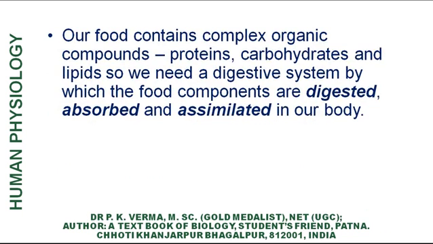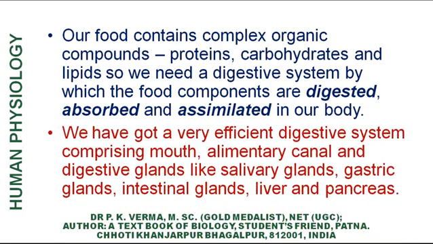Because the proteins, carbohydrates, and lipids are larger molecules, we need a digestive system by which the food components are digested into simple and soluble substances, absorbed and assimilated in our body. We have a very efficient digestive system comprising the mouth, alimentary canal, and digestive glands like salivary glands, gastric glands, intestinal glands, liver and pancreas.